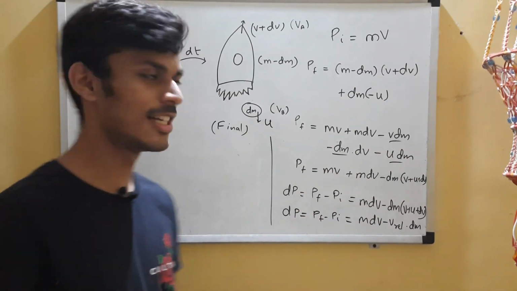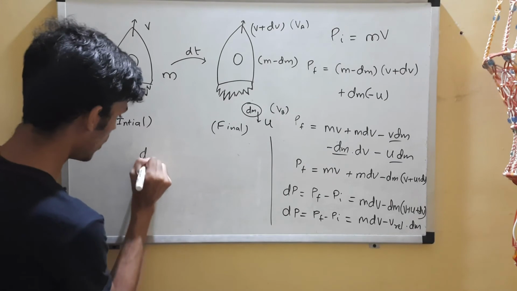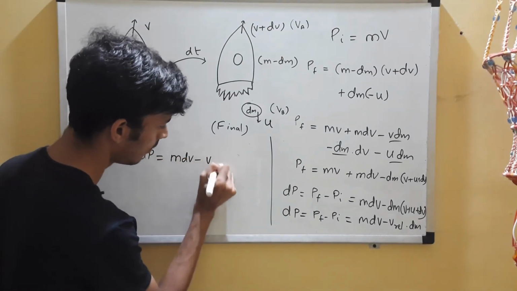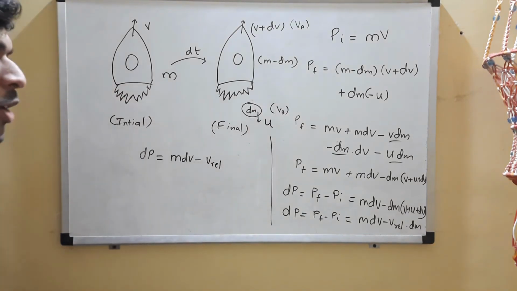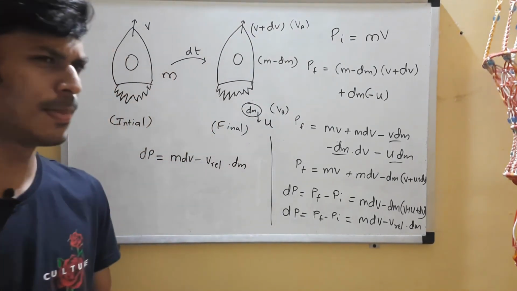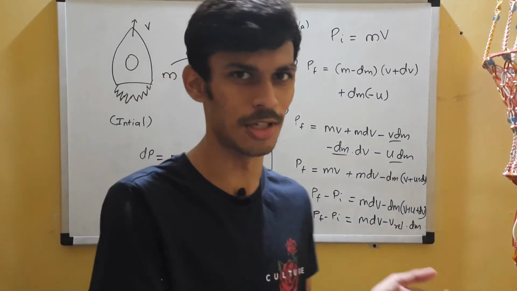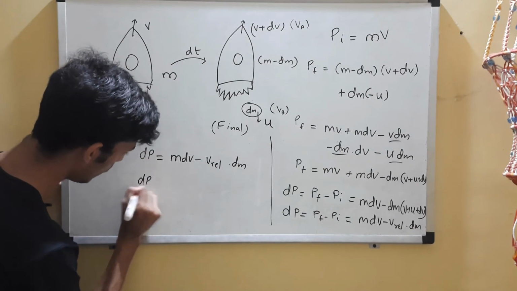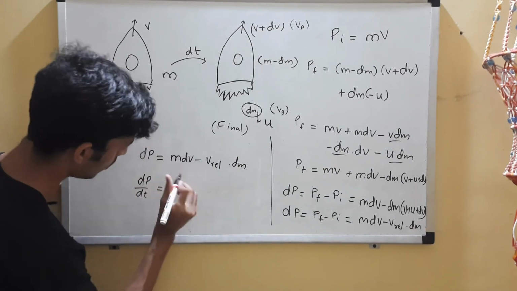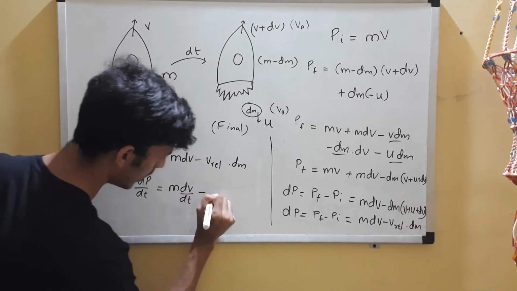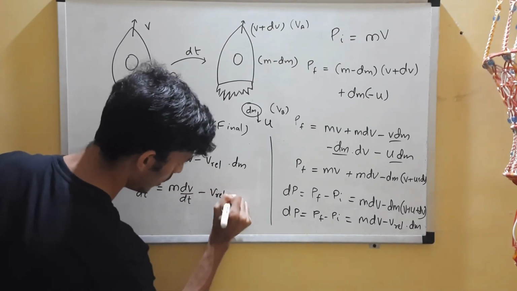Now let's proceed with our discussion further. We have found out that dP equals m dv minus the relative velocity between the fuel and your rocket times dm. Now we also know that dP by dt is force, right? So let's divide this dP by the small time interval dt, and do it on the right hand side too. So dv by dt minus v relative into dm by dt.